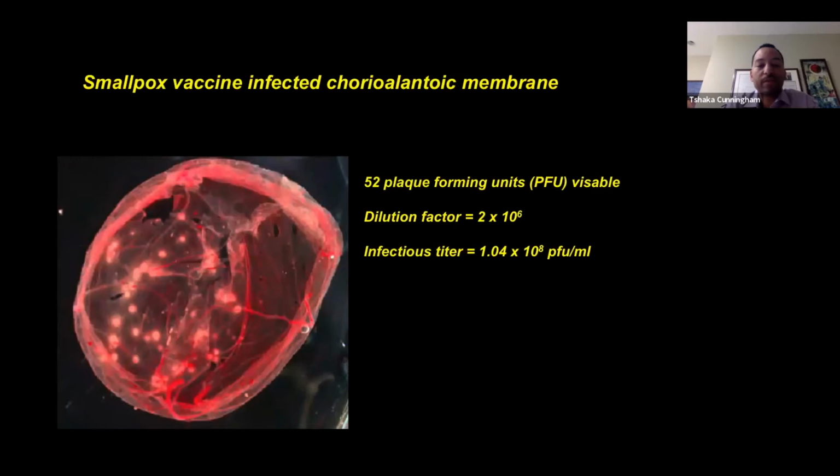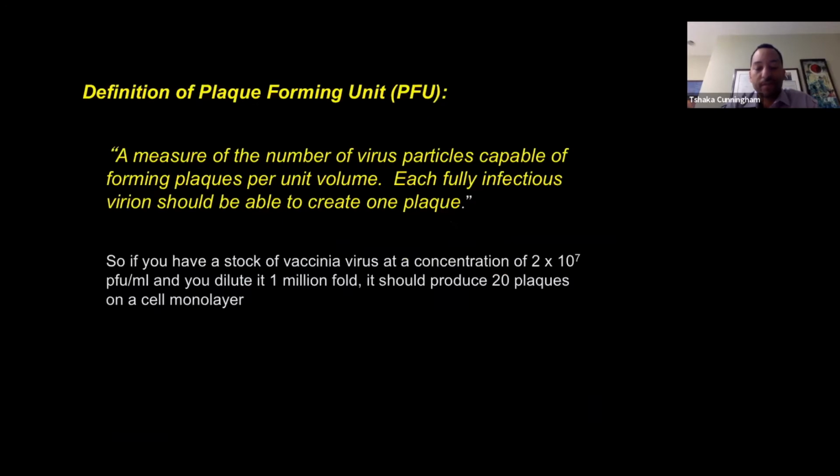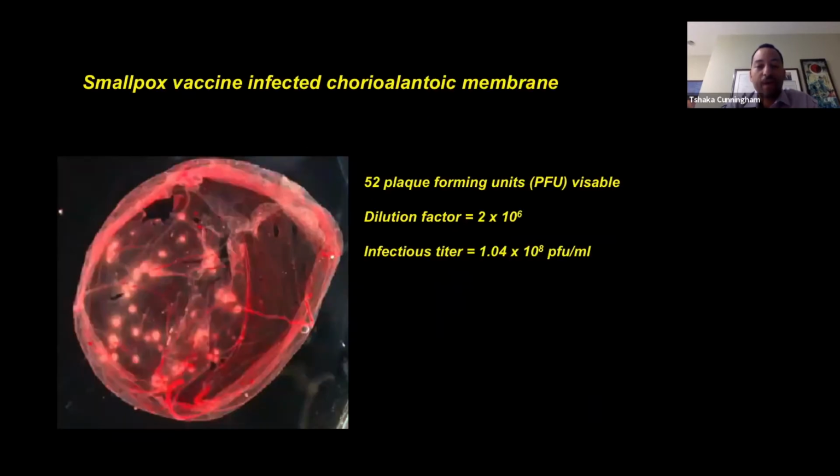We can grow it in humans, and then we measure these viruses by their ability to form what are called plaques in cells. When we quantify virus, we do it in a way they're called plaque forming units. That's the infectious disease label that we use. So when you hear PFU, it means plaque forming unit, right?